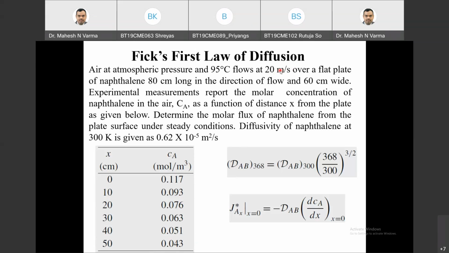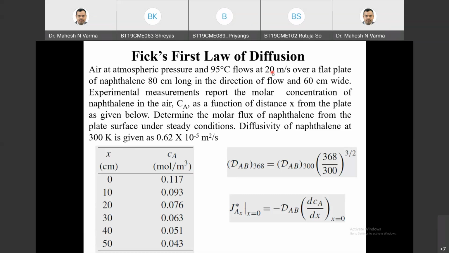Yeah, tell me, Rutuja. Sir, till what limit of velocity can we ignore this bulk flow? So that we need to calculate actually. We need to calculate the mass flux. If the mass fluxes are higher, then certainly there will be a convective mass flux also, and we need to take into account convective fluxes.